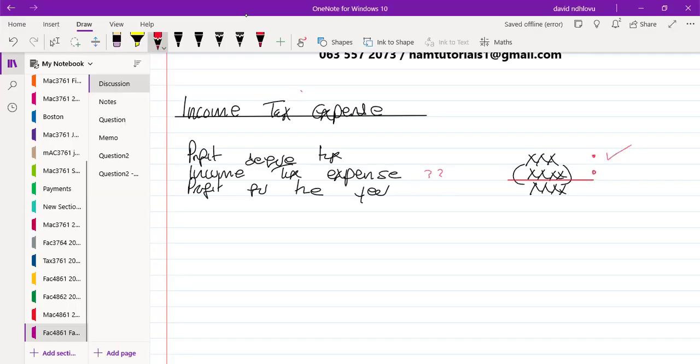Right, who remembers what we called those things, those differences? Right, so exempt differences, those are exempt differences. So they don't affect taxation. So if you now take the profit before tax and multiply by 27%, you'll also be multiplying those things that don't affect taxation, which are exempt differences.